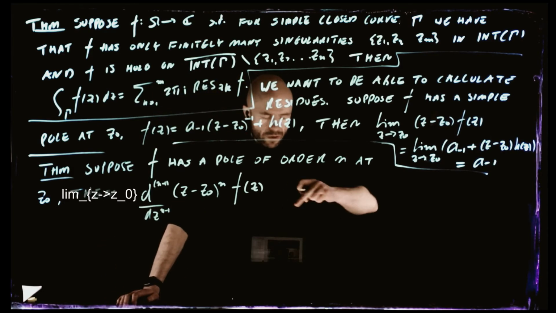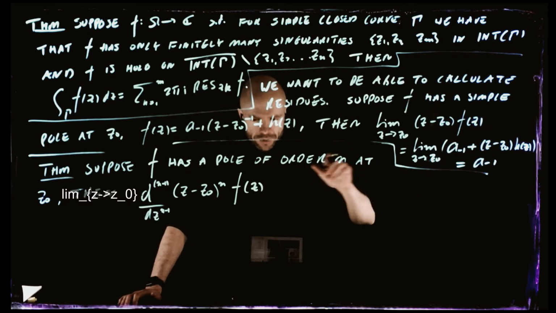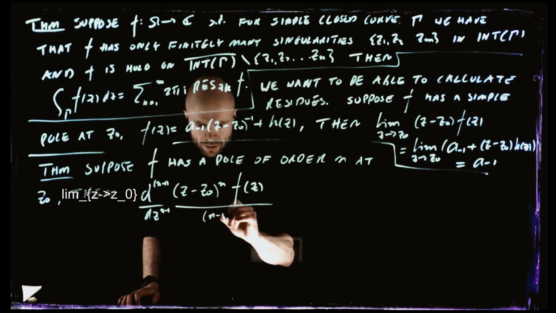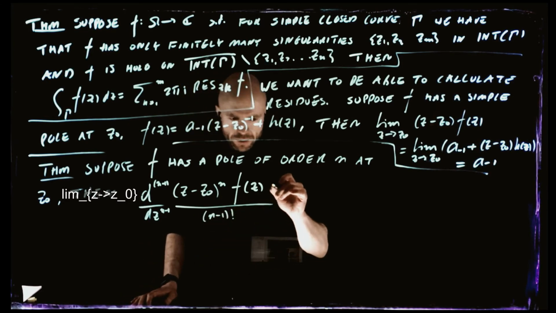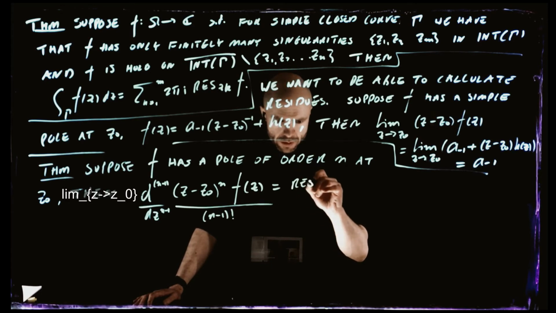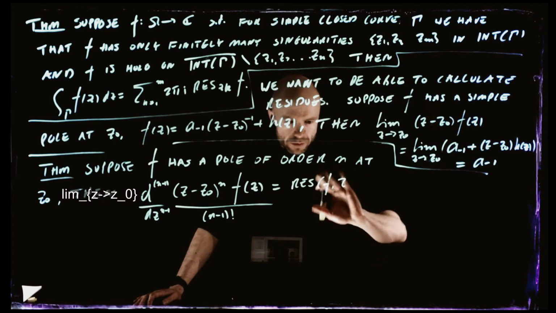And when we do that, we're going to have a bunch of factorial expressions which we want to divide through. So we're going to divide by (n - 1) factorial. And that will be the residue of our function f at z0.